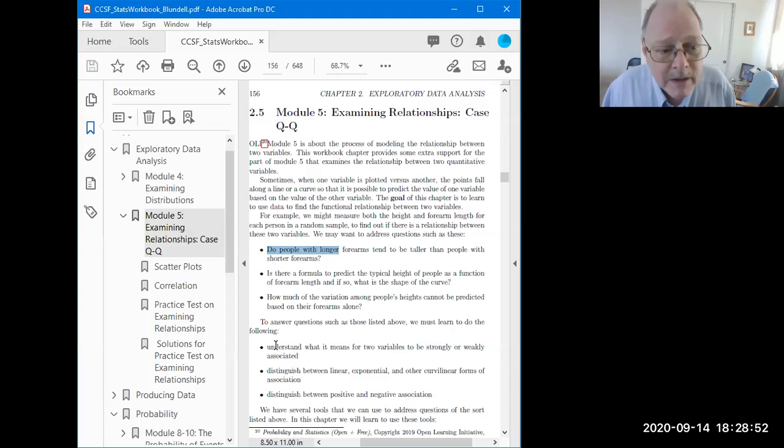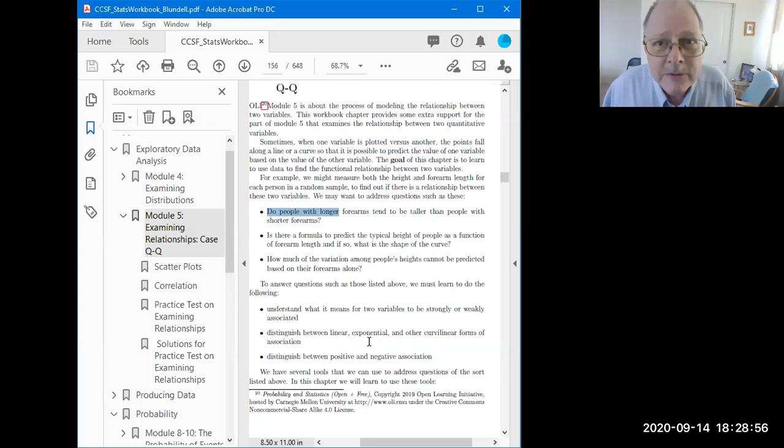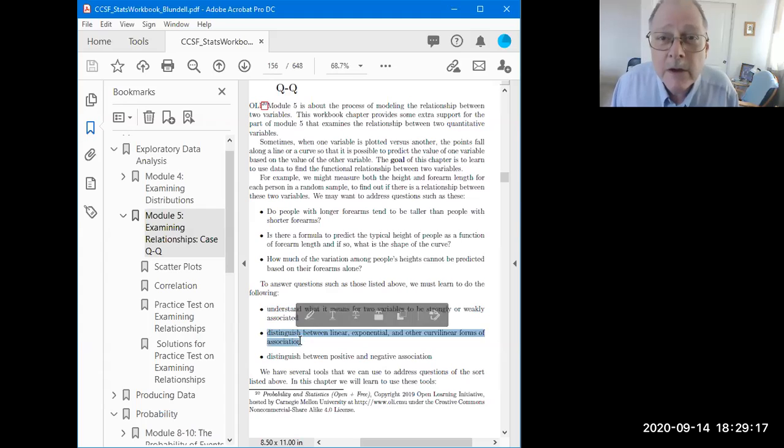Okay, so to answer those questions, we need to learn to do some things. We need to understand what it means for two variables to be strongly associated or weakly associated, how to measure the strength of association. We need to distinguish between different forms of association.